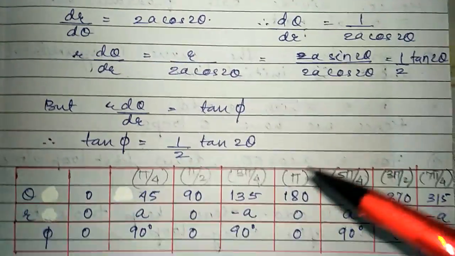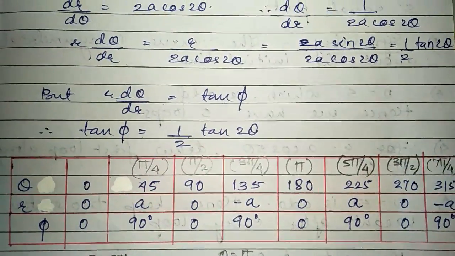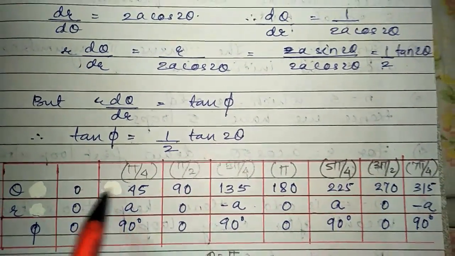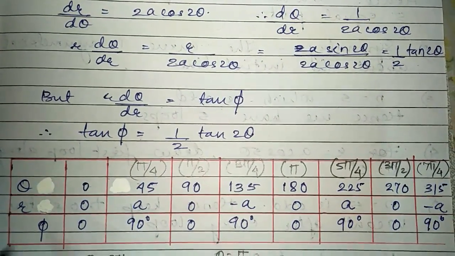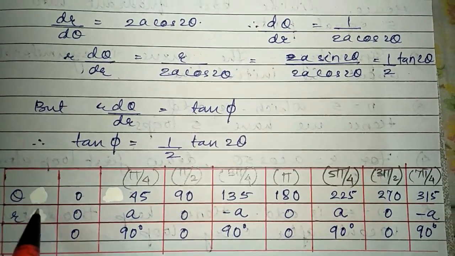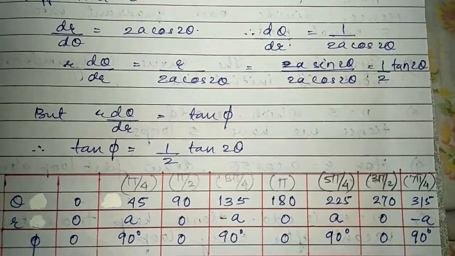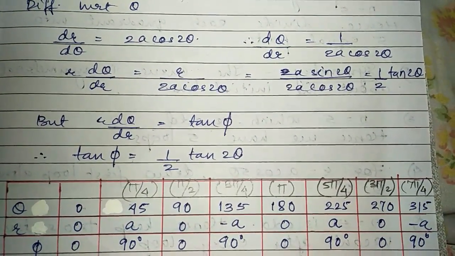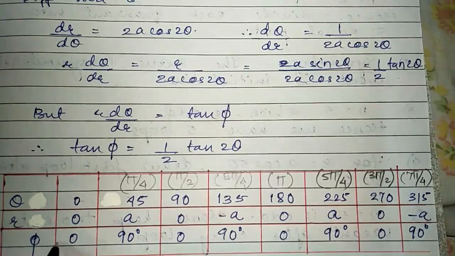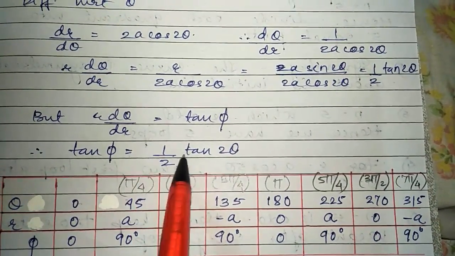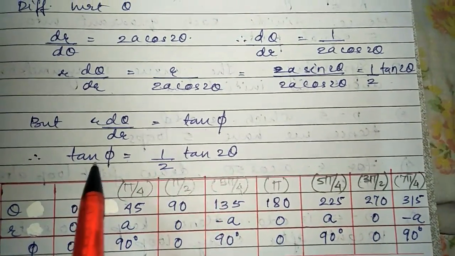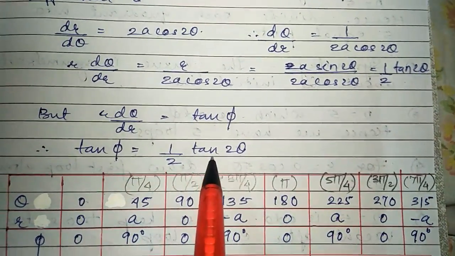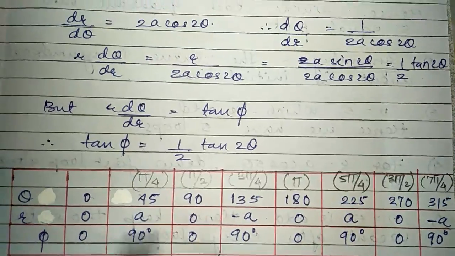Now from this we have to make a table with the values of θ and the corresponding values of r and φ. When θ = 0, r will be 0 and tan φ is (1/2) tan 0, so φ is tan⁻¹(0), which is 0.